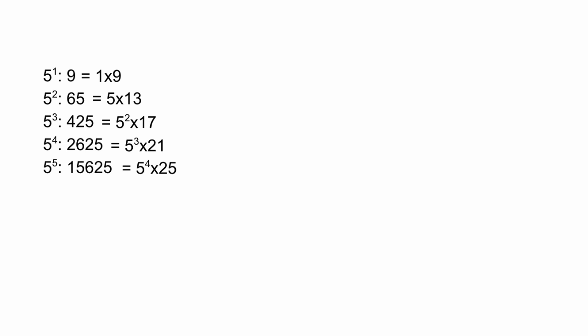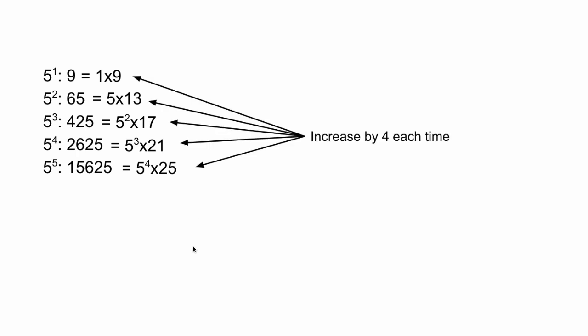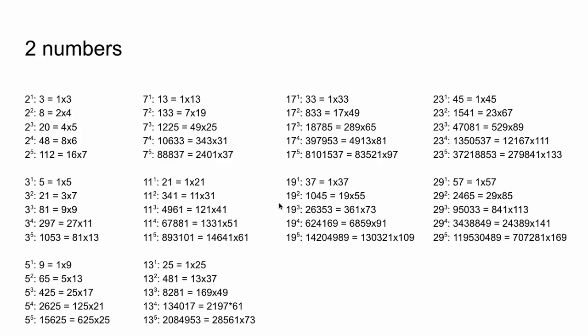Now, if you look at all the values that we generated, they seem to follow the same pattern. If you look at, I don't know, the 17 group, these all differ by 16. The 23 group, they differ by 22. So all these groups follow the same pattern.